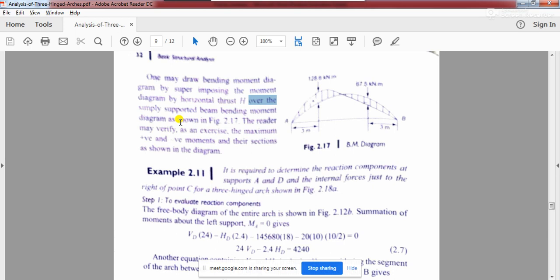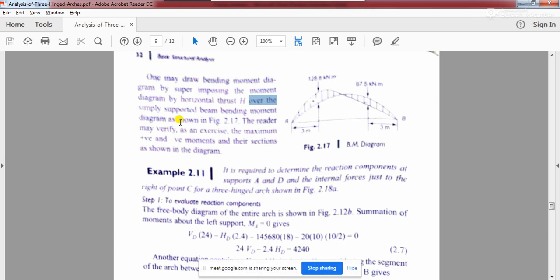So to find the bending moment diagram for a three-hinged arch, it's a two-step procedure. One is you need to be very clear about finding the simple supported bending moment diagram, otherwise you will not be able to work on it. If you do not know how to find the simple supported bending moment diagram because of different forces acting on a beam, you will not be able to find the bending moment diagram of the arch, because finding it is very simple.